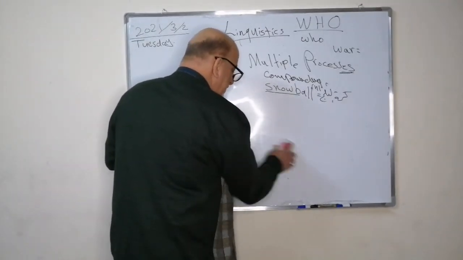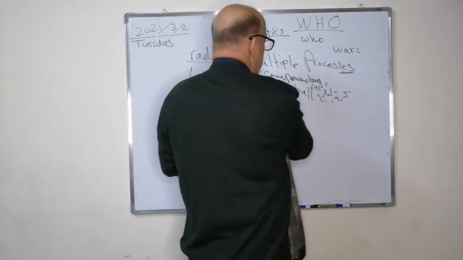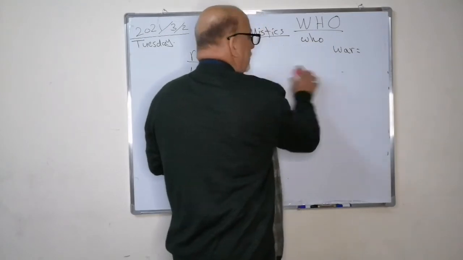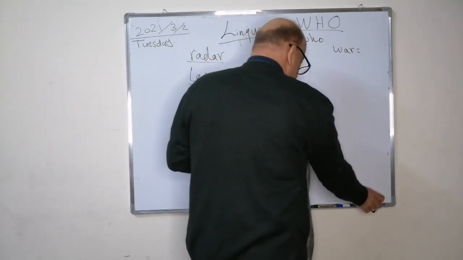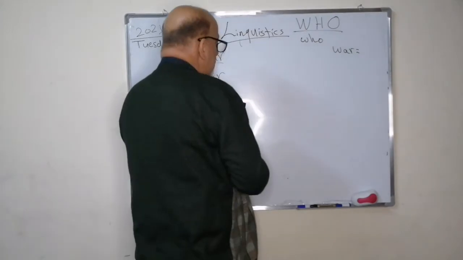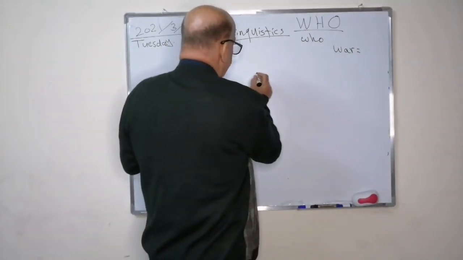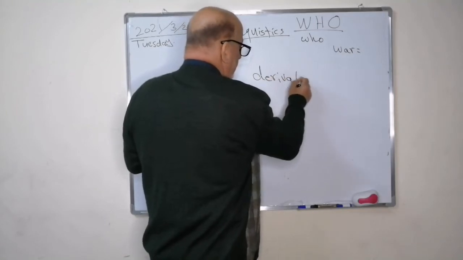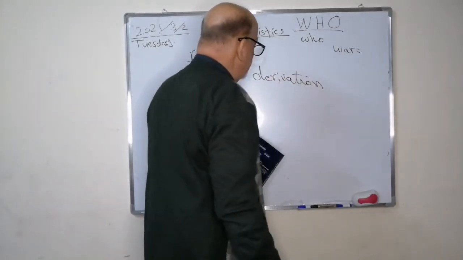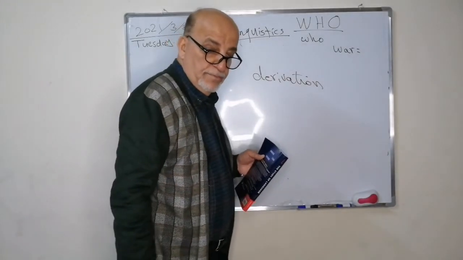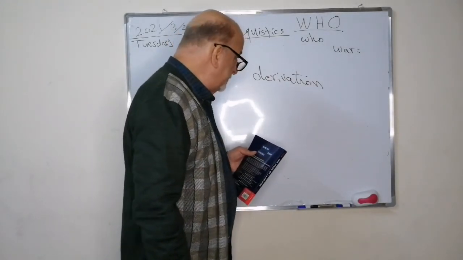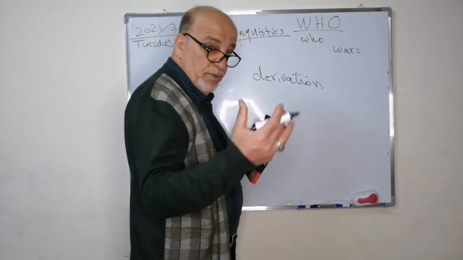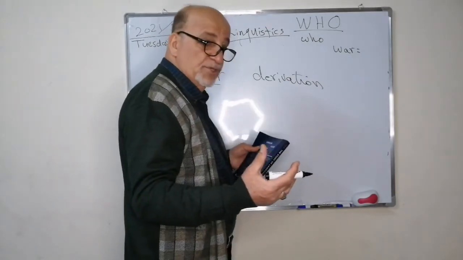And this process is related to chapter 6, because the title of chapter 6 is morphology. So now, derivation. The last word formation process, derivation.